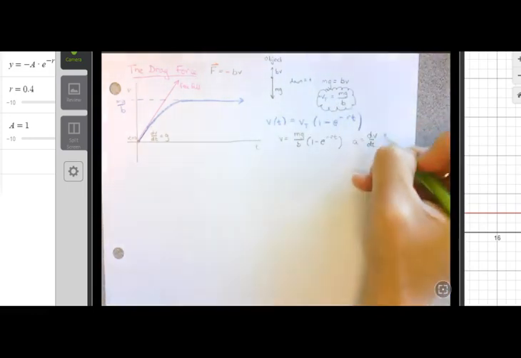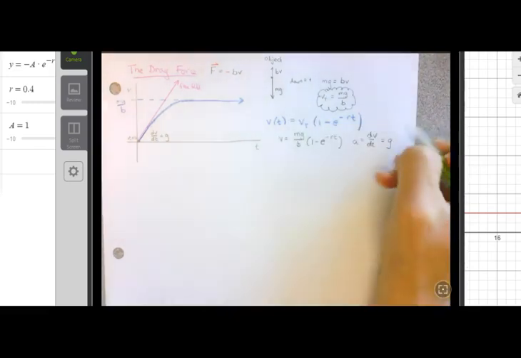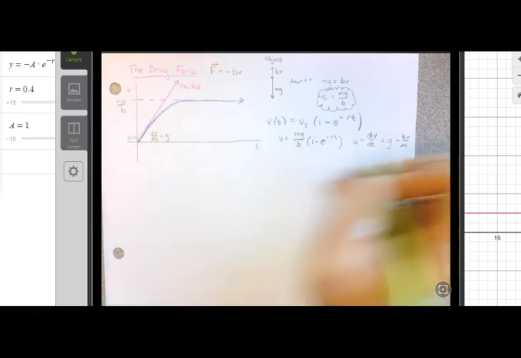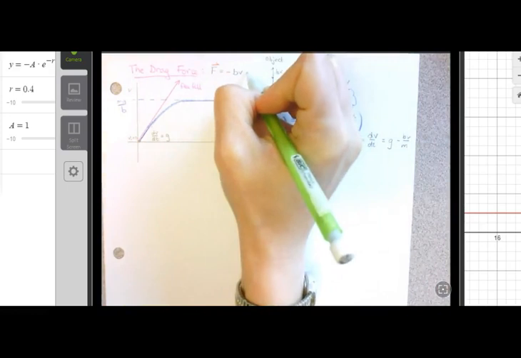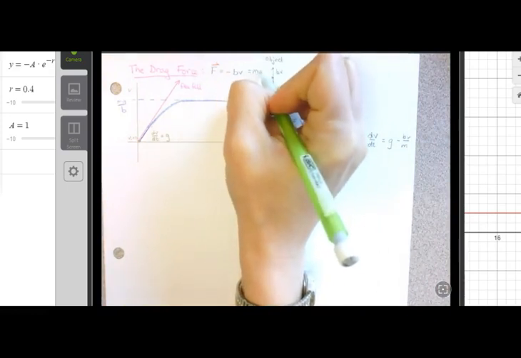And we know that the acceleration in the downward direction starts at g, and as the speed builds up, is opposed by the drag force divided by mass, because the last time I checked, force was mass times acceleration.